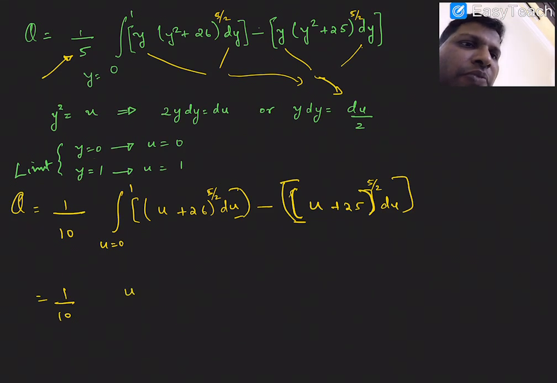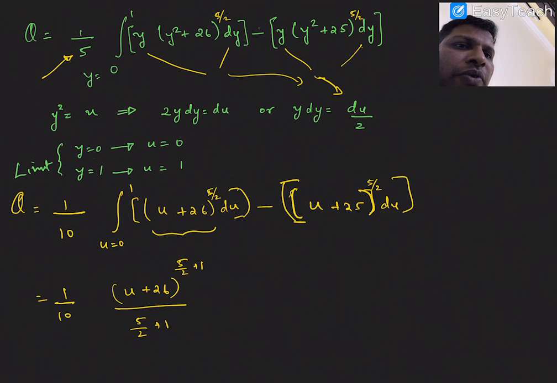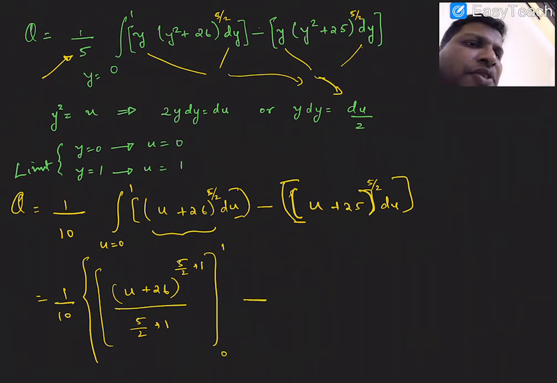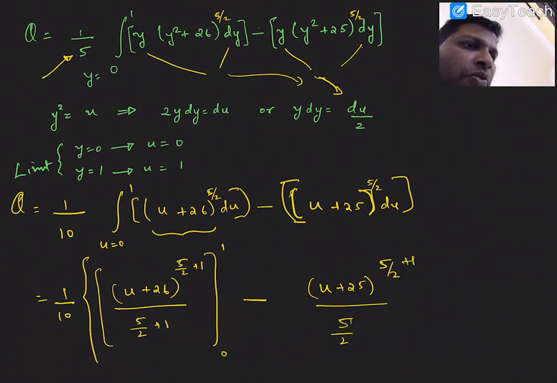The first part, the integral of this becomes u plus 26 whole power 5 over 2 plus 1 divided by 5 over 2 plus 1. Then you have to put the limit 0 to 1, minus, next it becomes u plus 25 whole power 5 over 2 plus 1 divided by 5 over 2 plus 1.